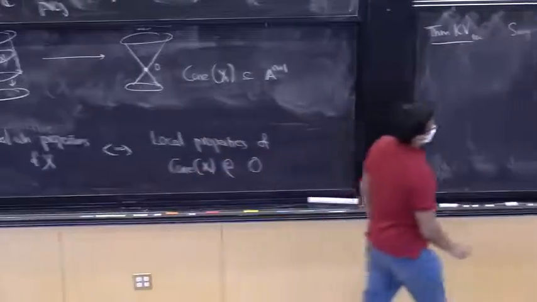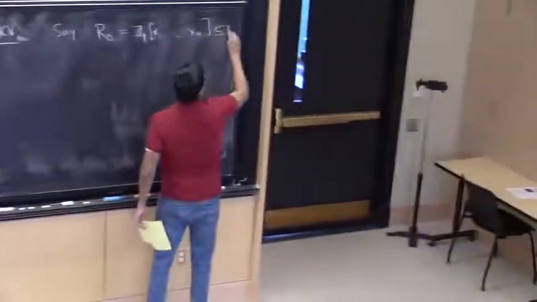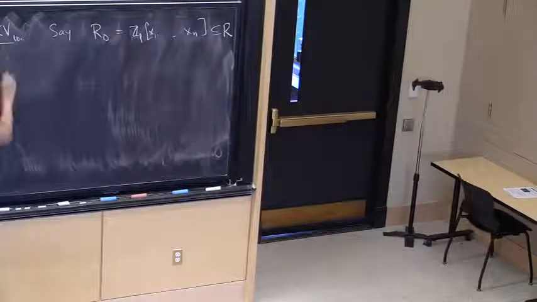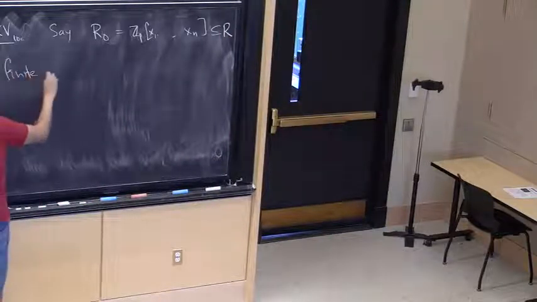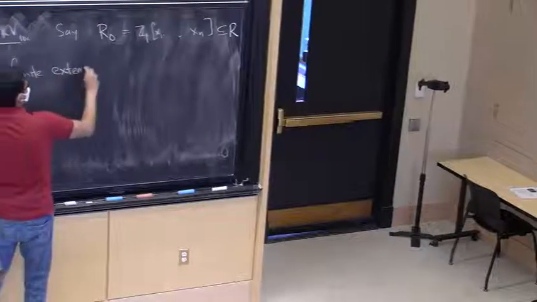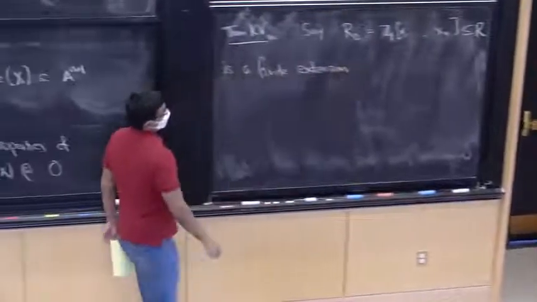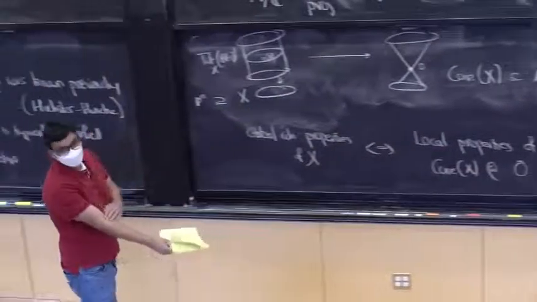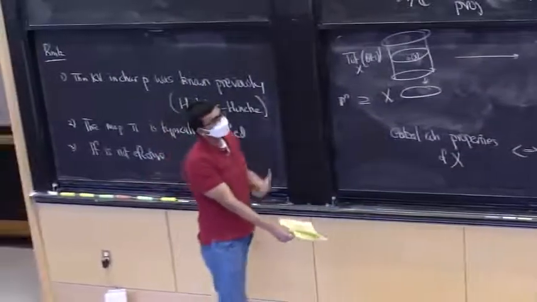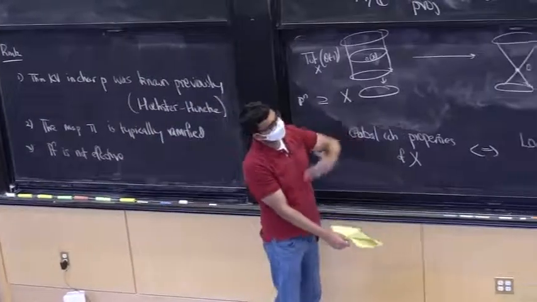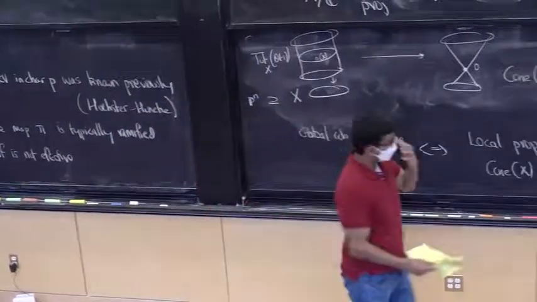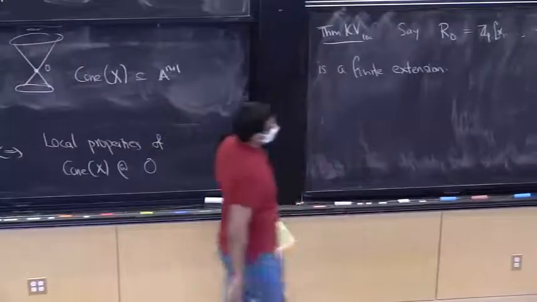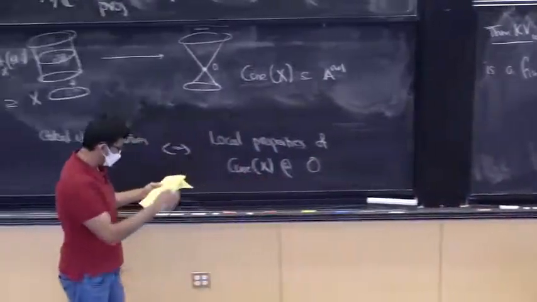And I choose something bigger called R, which is a finite extension. This just means R itself is finitely generated as an algebra over the p-adic integers, and moreover, each of those generators satisfies a monic polynomial over R0. So you've done something like extract the square root of x1. That would be an example of such an R. Such maps are called Noether normalizations, and they exist in abundance.